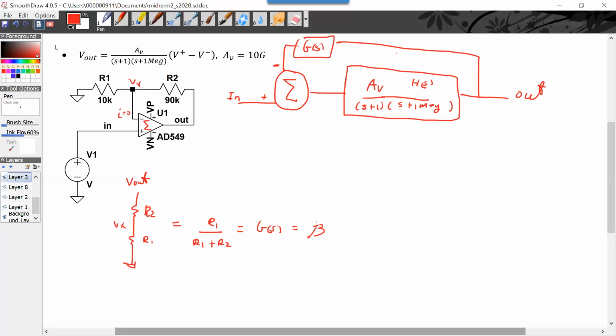All right. This is kind of our standard one loop feedback equation that I tend to just have memorized.